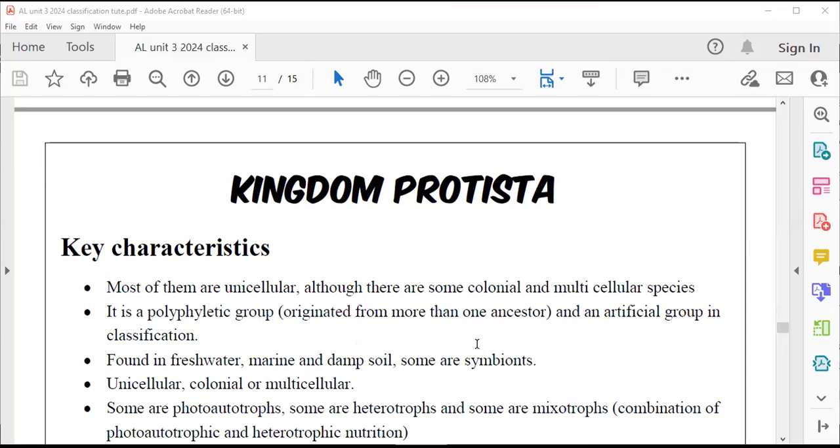Will there be regularity? How can I give the scheme? So get ready for the cell biology MCQ paper. How many days do you want to get ready for it?